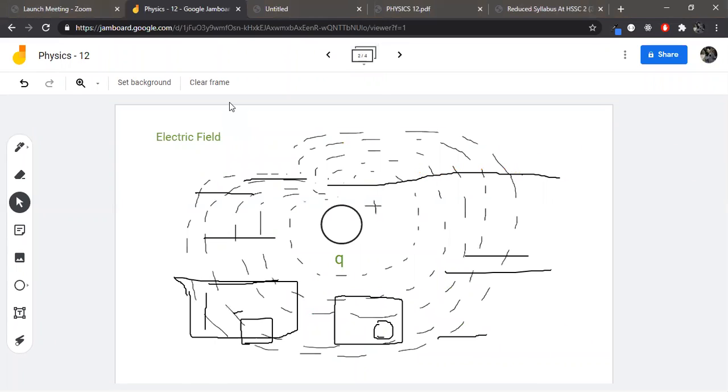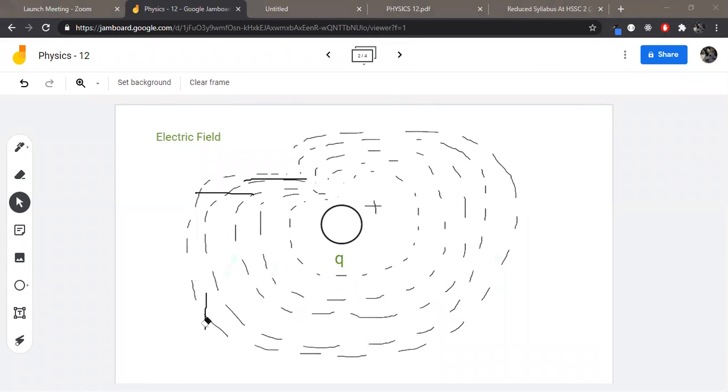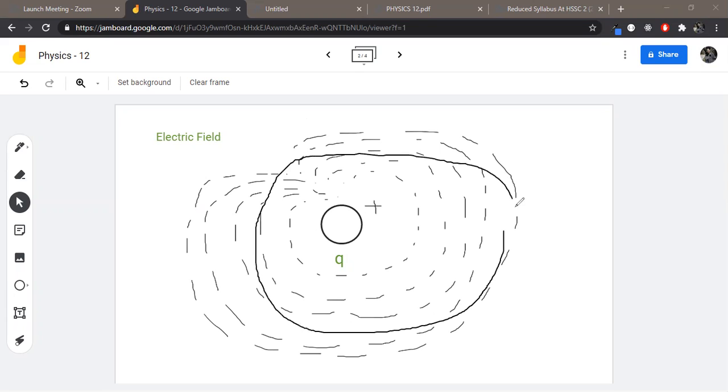So suppose we have a charge, and in this case it is a positive charge, then it will have a region around it in which it can exert its force on any other charged particle, and that region is known as electric field. And if we have a positive charge, then the electric field also has a direction. It is a vector quantity.